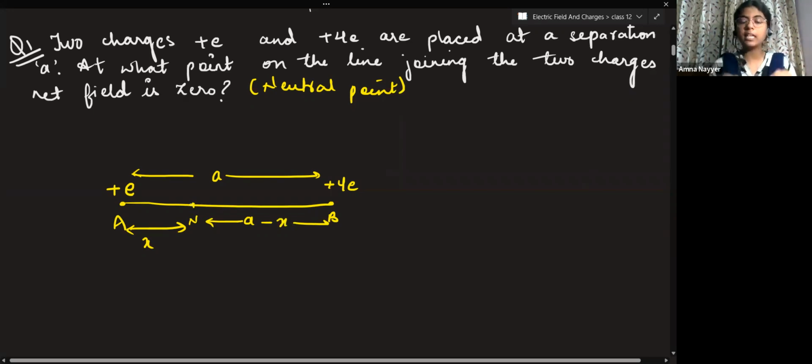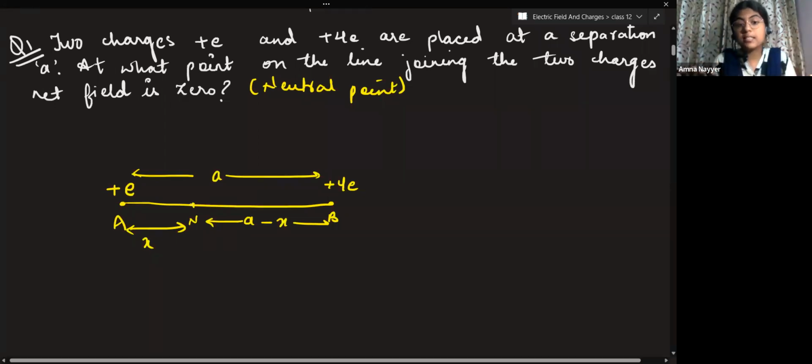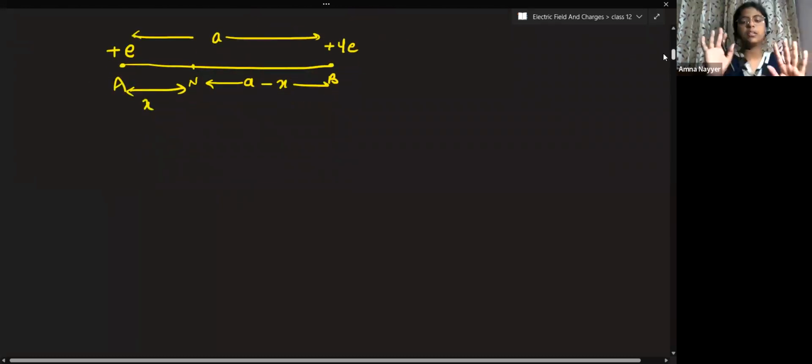We have assumed a point that is the neutral point, so net electric field will be 0 at this point. What is the value of this X? We are not aware of it, and we will calculate it, because we know the formula of electric field for a point charge. So we don't require the question now. This much is fine.